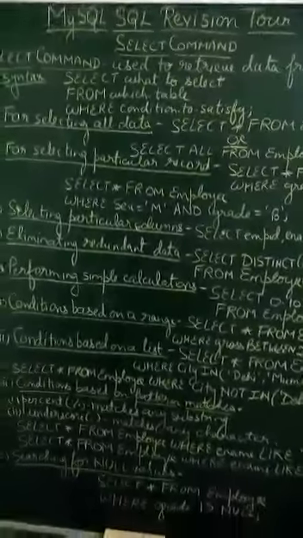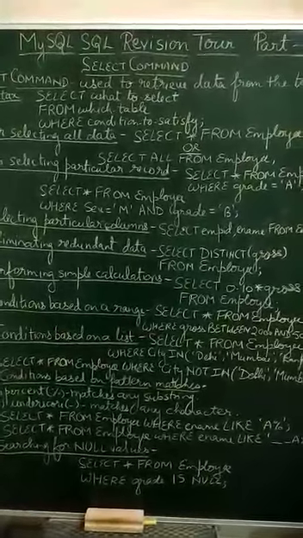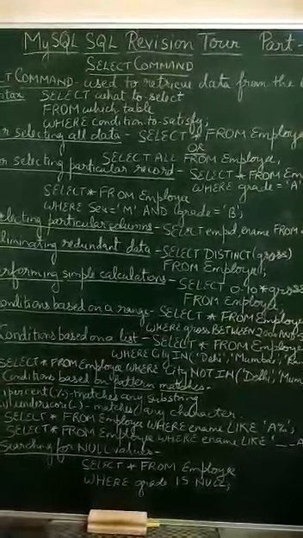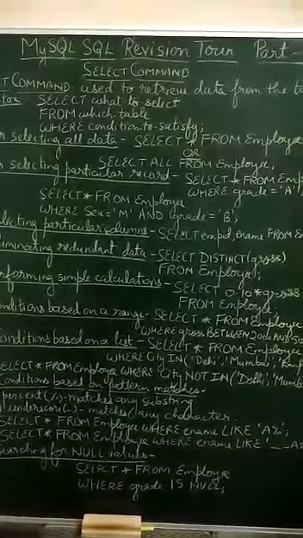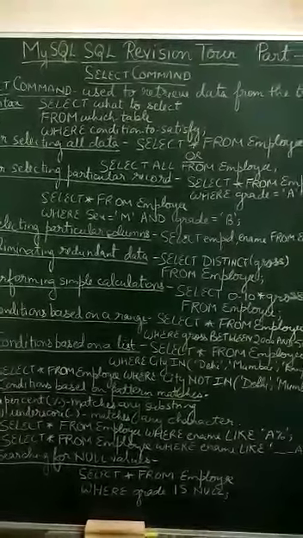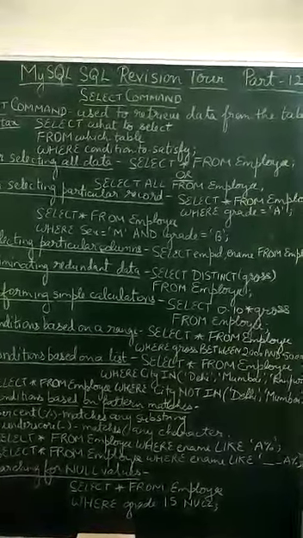Remember children, relational operators like less than, greater than, equal to, etc. cannot be used with null. In a similar way, non-null values in a table can be searched using the is not null operator.